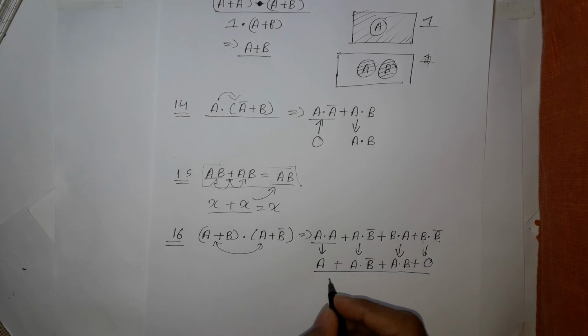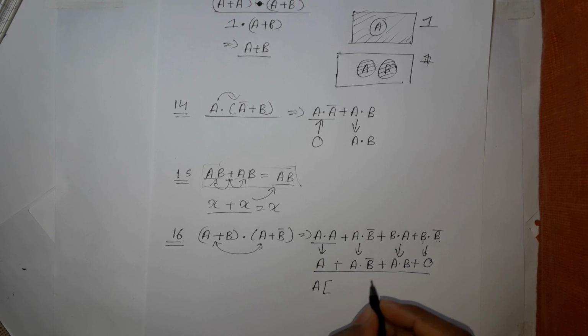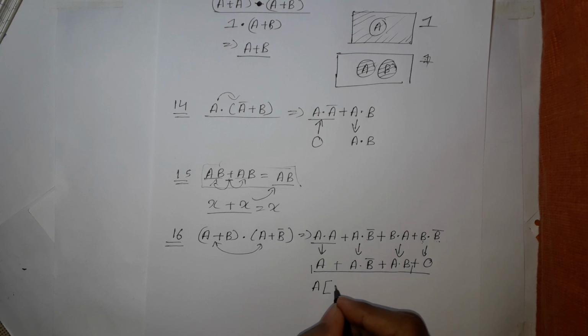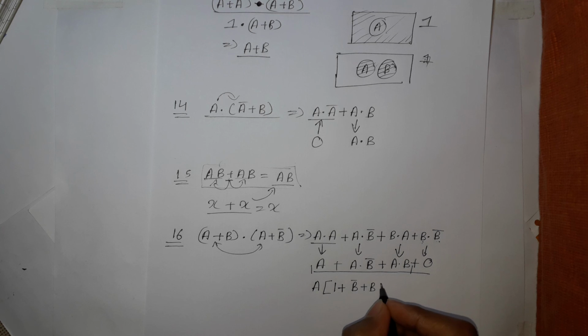So we got this. Now we'll just take A common from the first 3 terms, so it becomes 1 or B bar or B. Okay, ORing with 0 gives the same term. Now A is common, so we got this.